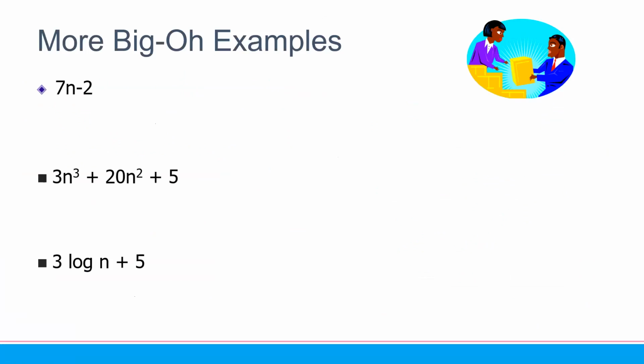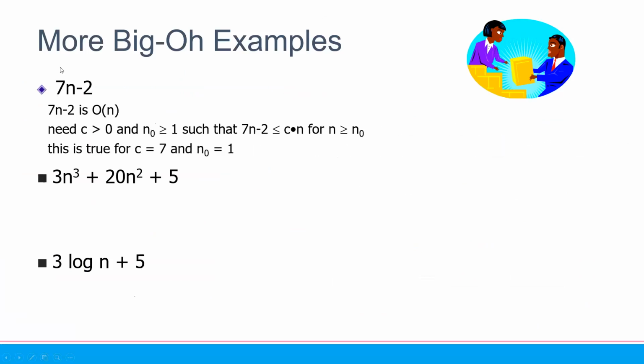When we look into the big O examples, this is the background idea of how to get the big O. We have 7n minus 2. So we want to check whether it is O(n) or not, or we want to specify what the big O is. For the first, I want to check whether 7n minus 2 is O(n) or not. The same idea as the previous mathematical formula, we can have 7n minus 2 less than or equal to Cn.